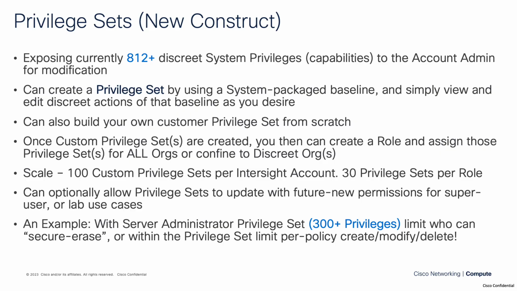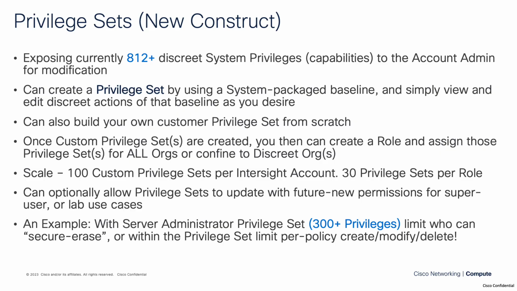Once these custom privilege sets are created, you can then create a role and add the privilege sets to the role. And you can do that for all orgs or just certain discrete orgs. So nothing really changes there as far as assigning the privilege set to the role. Then of course you're going to take that role and assign it to a user account. From a scale standpoint, you can create up to 100 custom privilege sets per Intersight account.